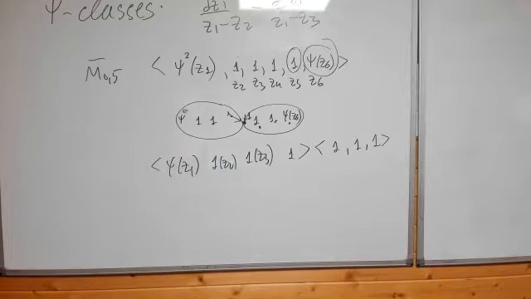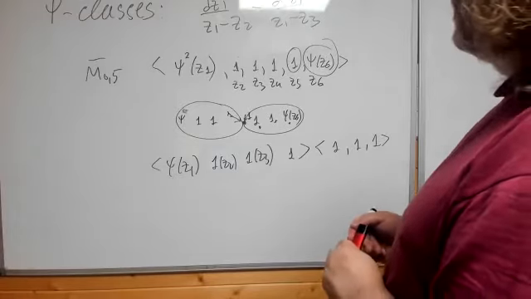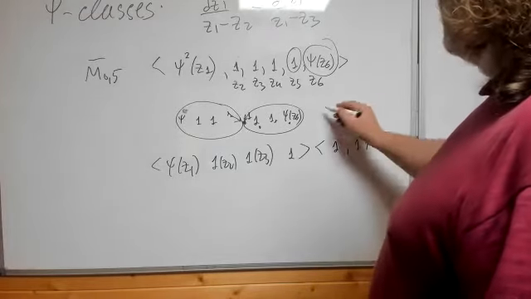So let me see. There should be a case where the coefficient is 2. But let me see how I can get it. So here the answer seems to be 3.